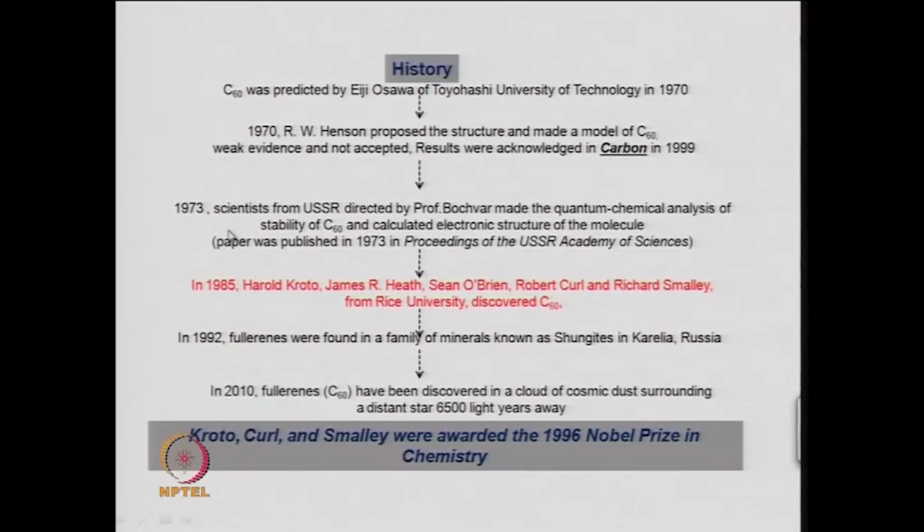Apart from that, in 1973 in USSR, earlier USSR, it was calculated using quantum chemical calculations that a molecule like C60 would be stable, and the electronic structure of the molecule was calculated. The energy levels of the molecule, the molecular orbital was calculated for a molecule like C60 theoretically, and a paper was published in proceedings of the USSR Academy of Sciences.